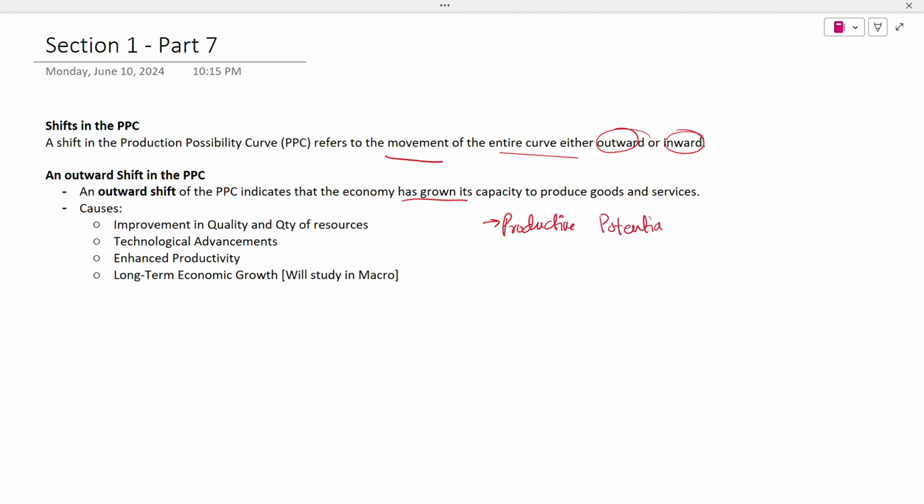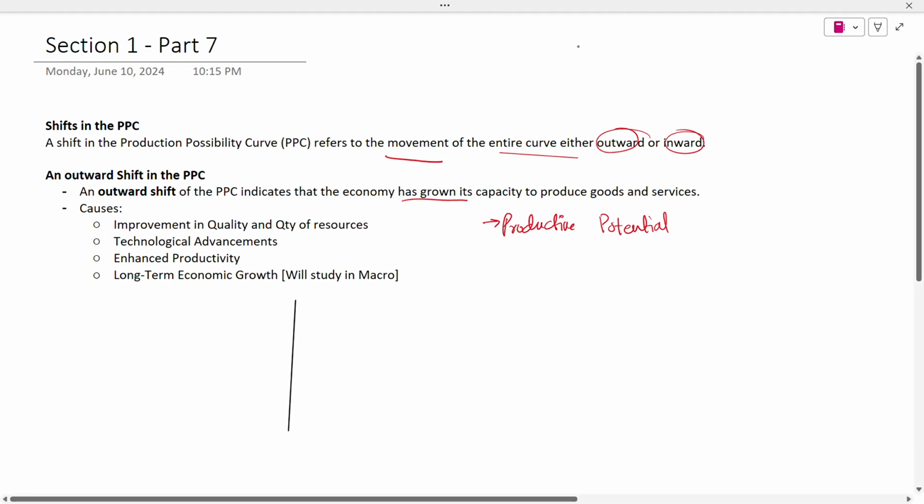Productive potential means that the maximum amount of both goods that you can produce using the resources has increased. And an outward shift would imply that your productive capacity, or your potential to produce goods and services, has improved. Now, an outward shift would look something like this.